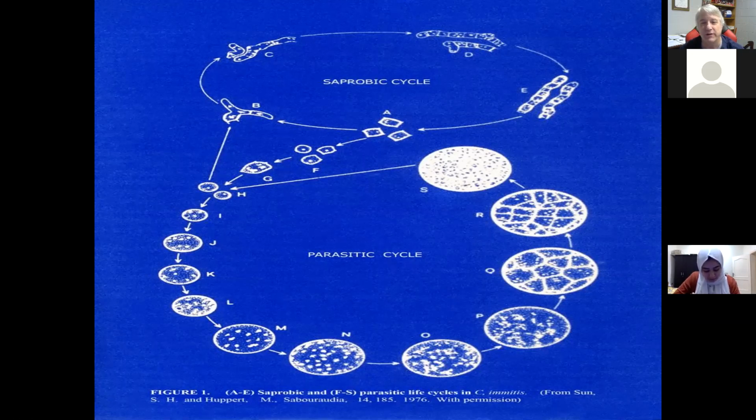The saprobic is outside the body in its environment, in the soil, and then we inhale it and get it into the parasitic cycle, and then those endospores disseminate after they rupture out of the coverings.